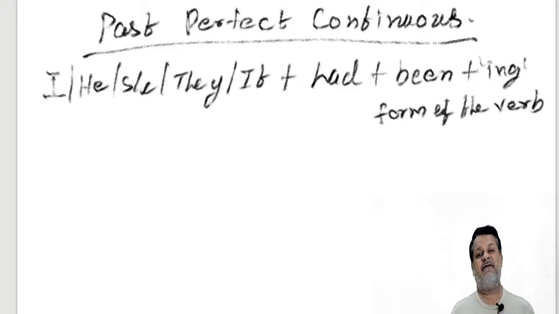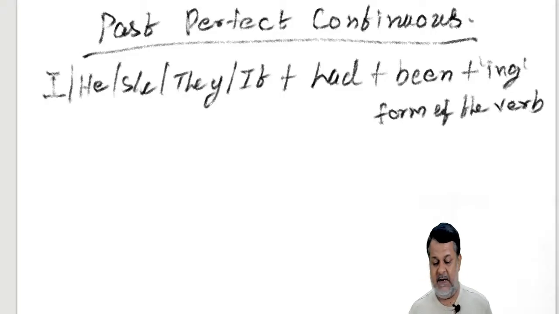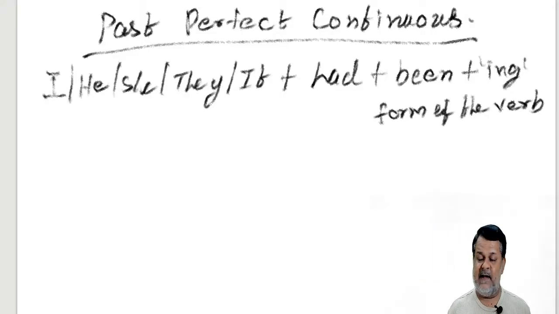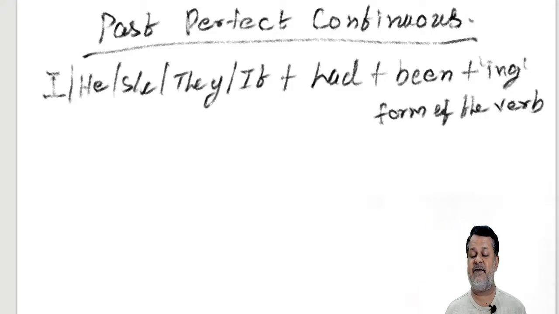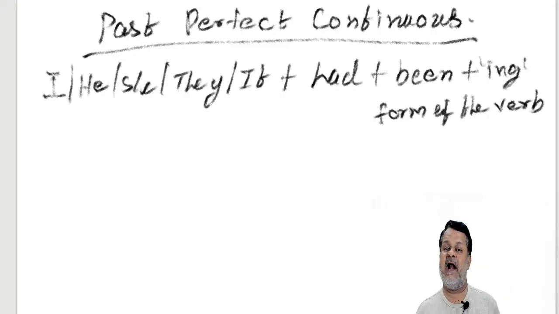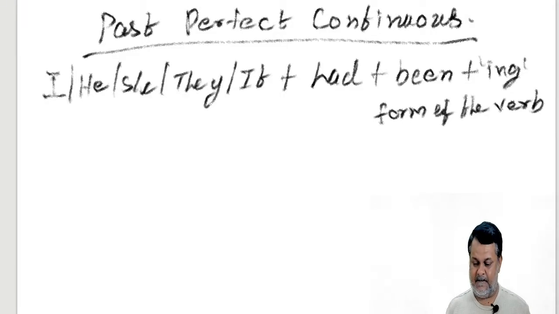So instead of has or have, we will be using had been. So before, in present perfect continuous, it was has or have been. Here past perfect continuous, it will be had been.